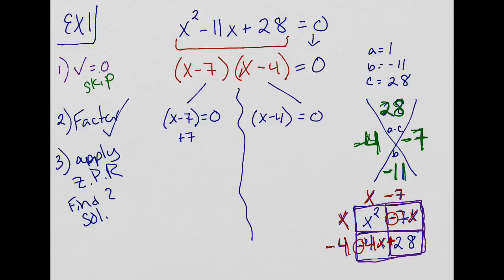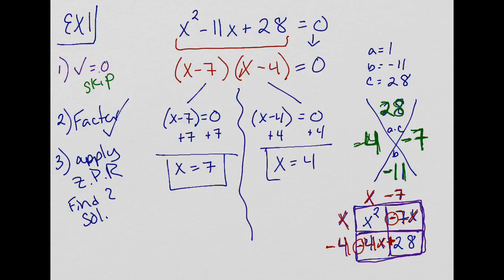So I'm going to add 7, and I get x is equal to 0 plus 7, which is 7, which is one solution. And for the second factor, I'm going to add 4, and that gets me x equals 4 as my second solution.